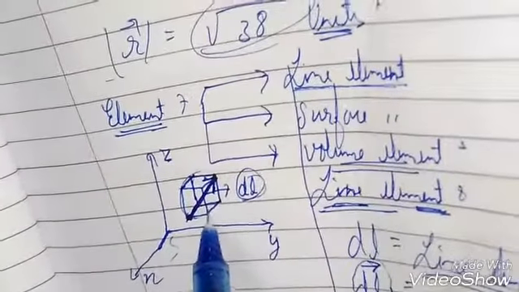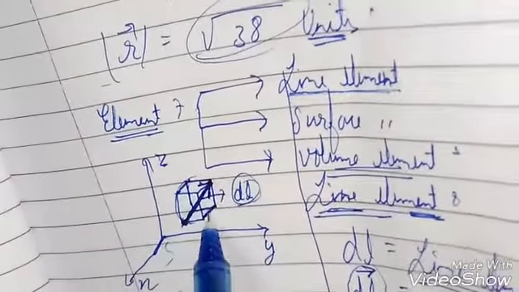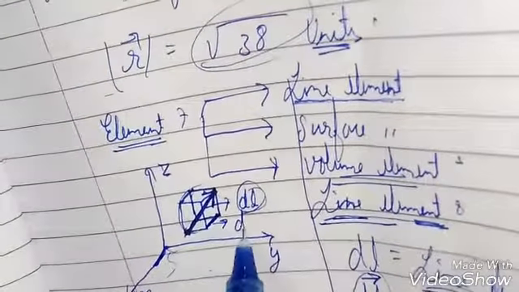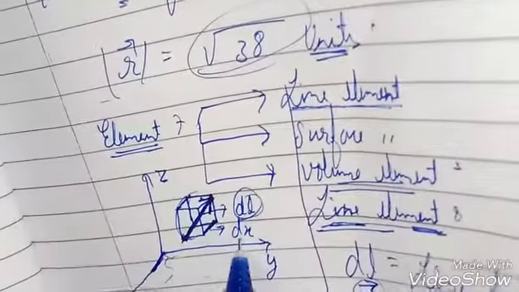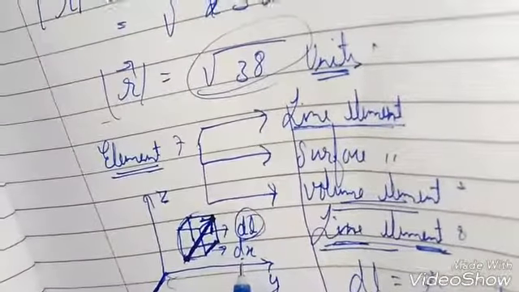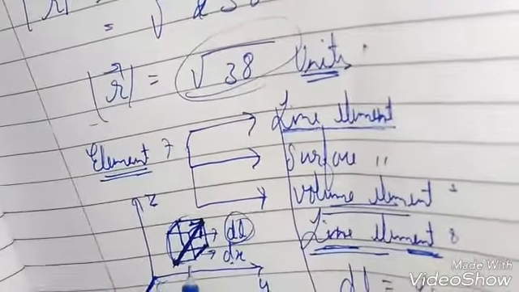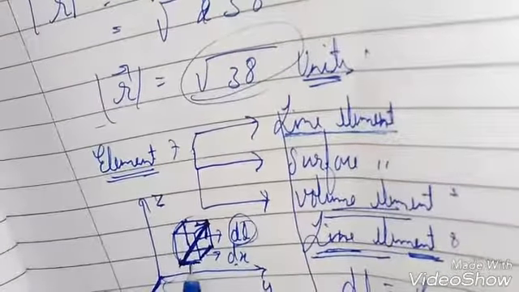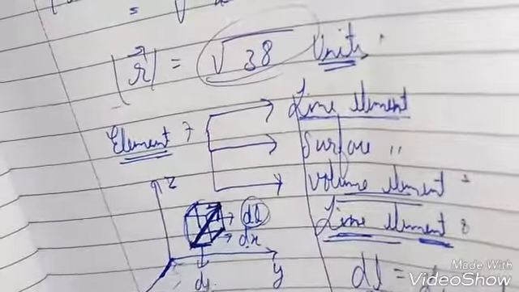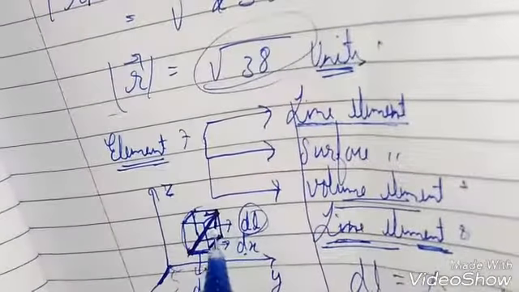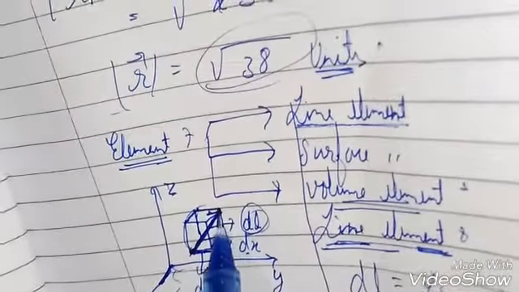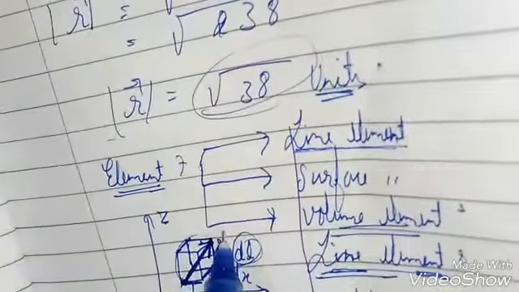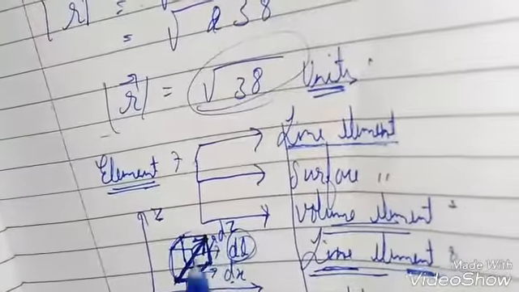This means the small length traced by this cube along x-axis has a magnitude of dx. d is representing a very small change. The length traced along y-axis, let it have a magnitude of small dy. And the length traced along z-axis, let it have a very small magnitude equal to dz.